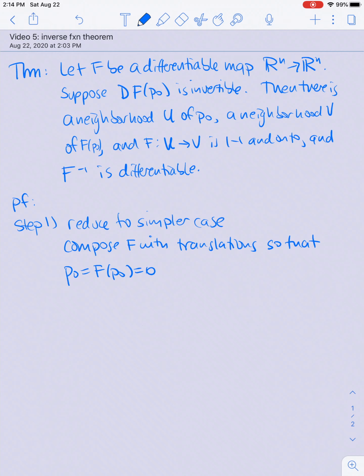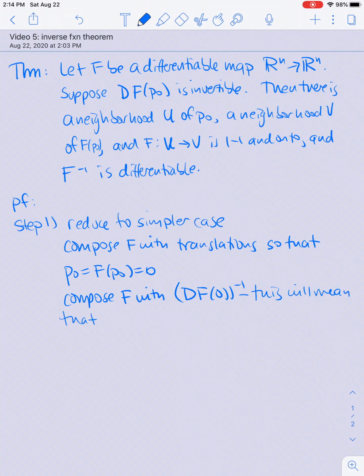F will remain 1 to 1 and onto, and the derivative of f will not change because the translations have derivative the identity. We also want to compose f with the map df at 0 inverse. So now assuming we've done the first composition, this will mean that we can assume df at 0 is the identity.